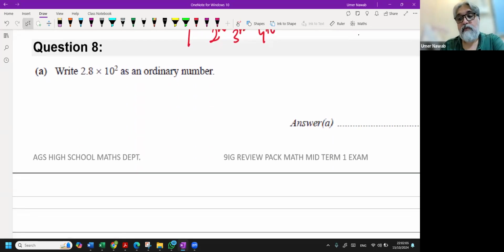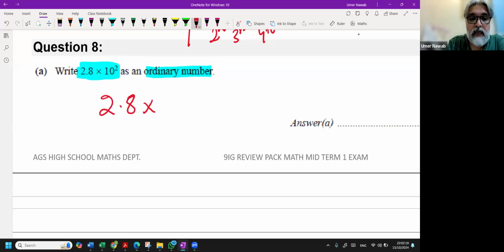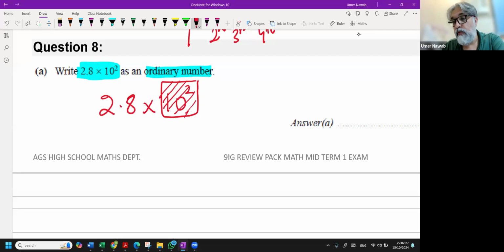Now, for the first time we got a question which is already written in standard form, and I have to convert it into ordinary form. Ordinary form has no 10 raised to the power. It means now there is no forceful push of the decimal. Actually, this 10 raised to power 2 will tell you to push the decimal, so this 10 raised to power 2 will be consumed. So 2 means move to the right. How many digits do I have to move to the right? 2 digits.